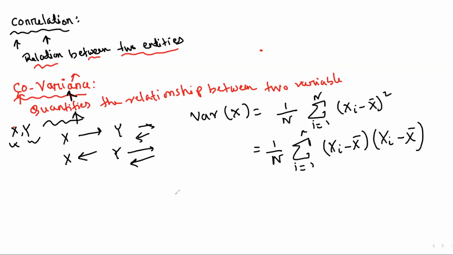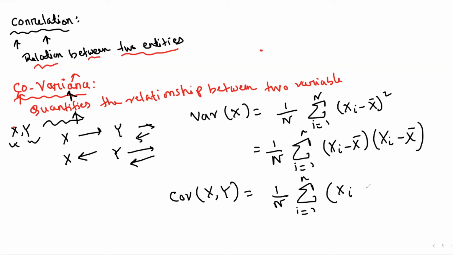Now covariance of two variables x and y is nothing but 1 by n, summation of i equals 1 to n, (x of i minus x bar) into (y of i minus y bar). This is the formula for covariance.